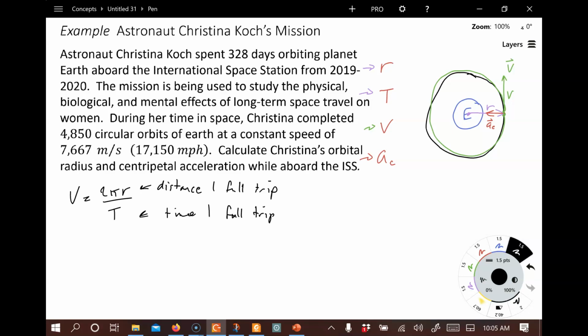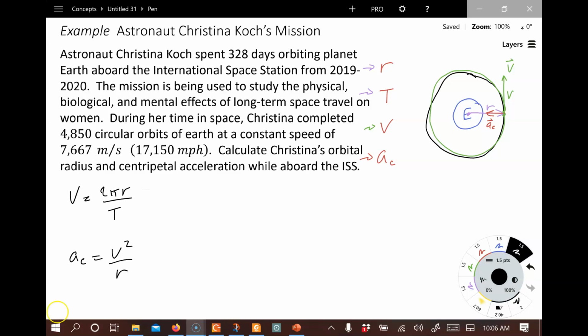That makes sense. The other one is a formula that tells us the centripetal acceleration is given by the speed squared divided by the radius. So we can work with those two. Let's write down these variables and see which we know and what we are trying to solve for.